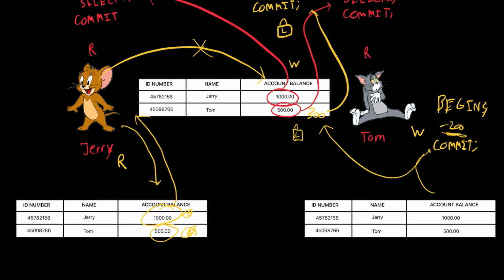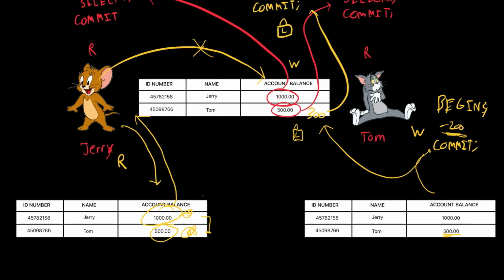To understand MVCC, we're just going to say that everyone can access any of these rows in the table. But as soon as Tom withdraws $200, we don't want Jerry to have 500 still here in this account balance, or Tom really. So how do we actually get the update to be reflected?